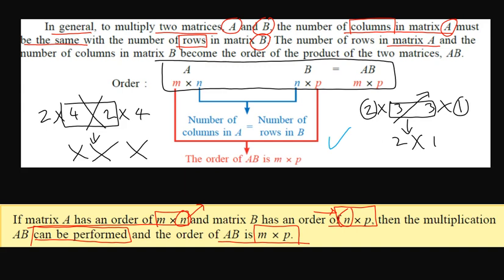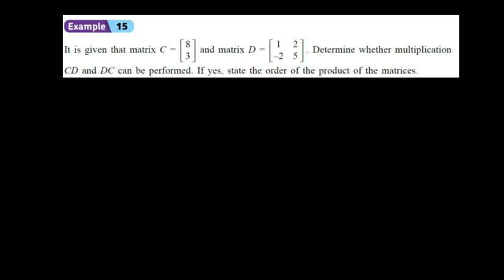Okay. We'll look at one example. Example 15. It is given that matrix C is 8, 3, and matrix D is 1, 2, -2, and 5.